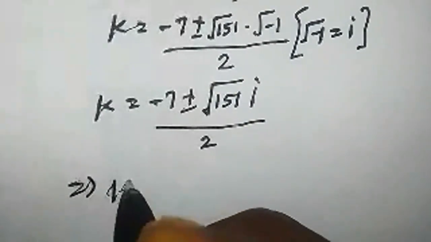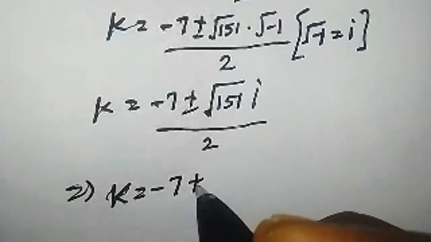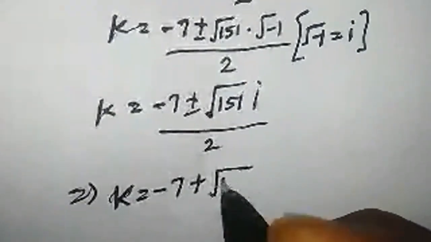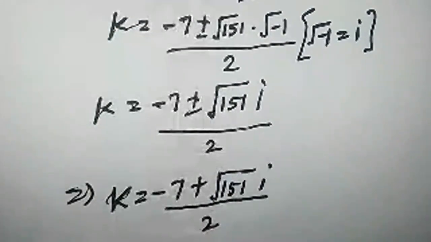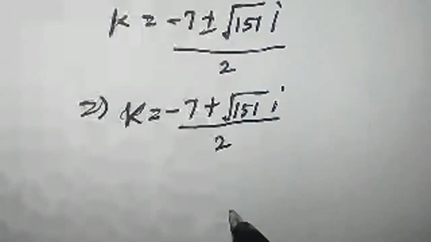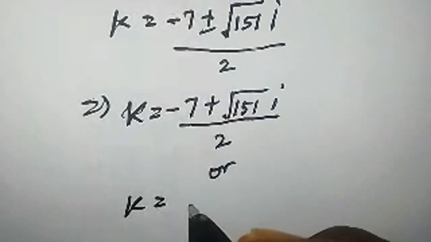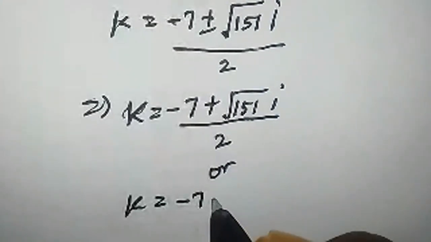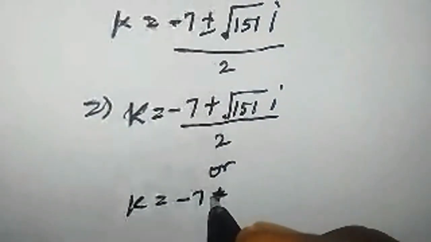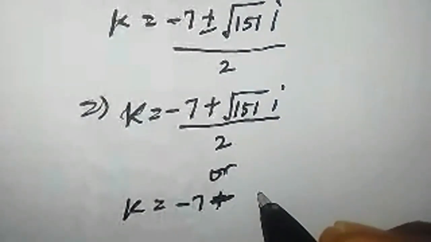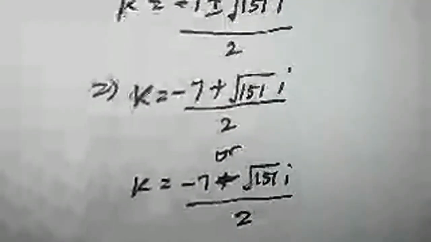This implies that K is equal to minus 7 plus root 151 i divided by 2, or K equal to minus 7 minus root 151 i divided by 2.